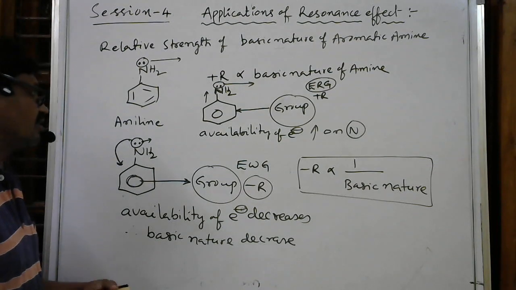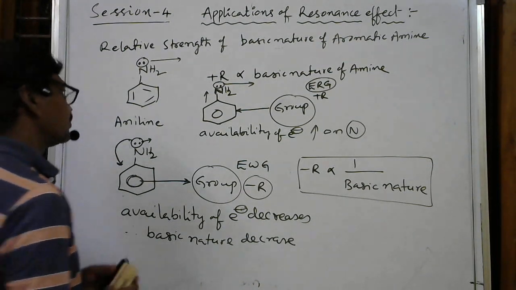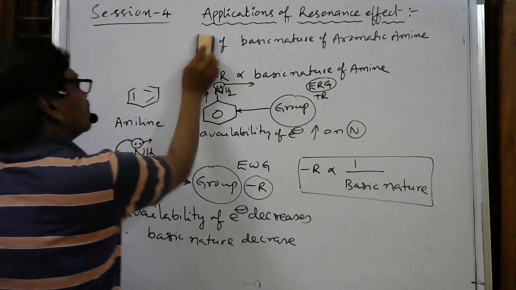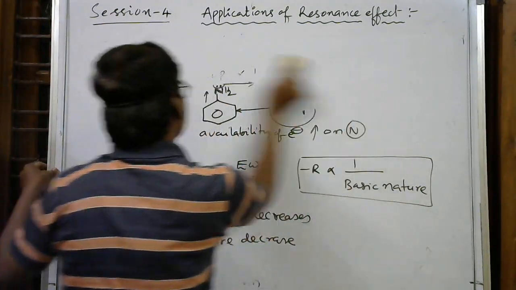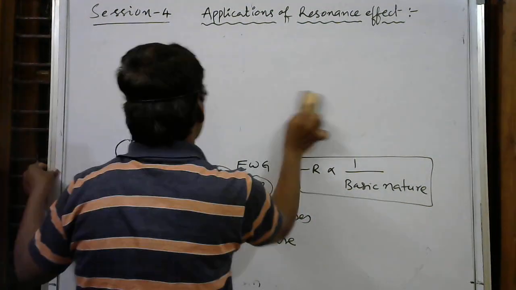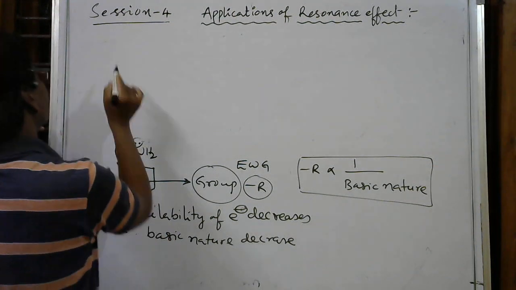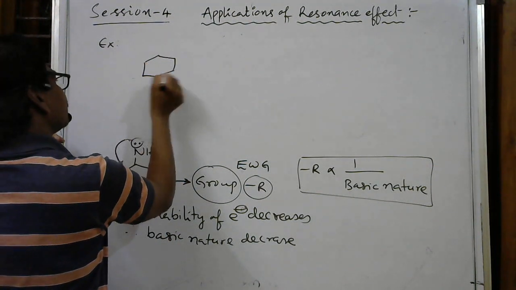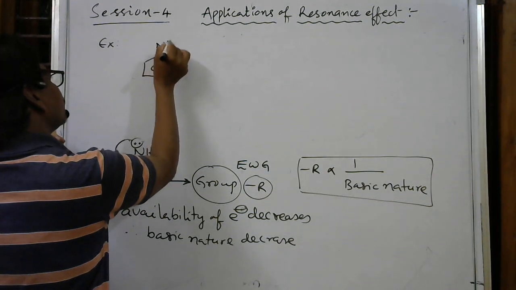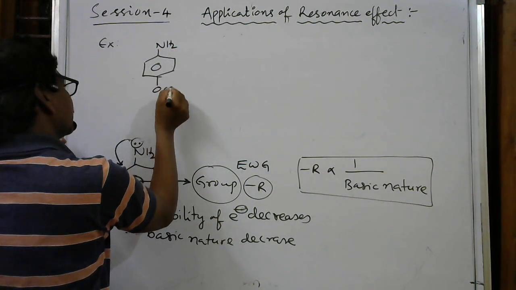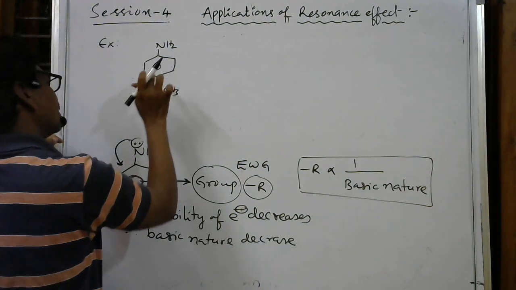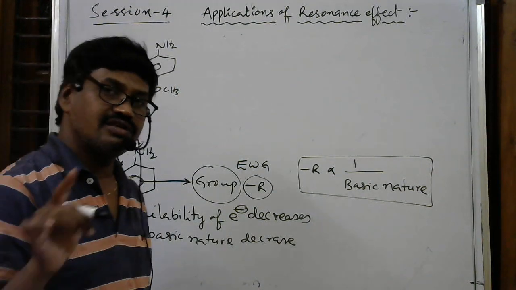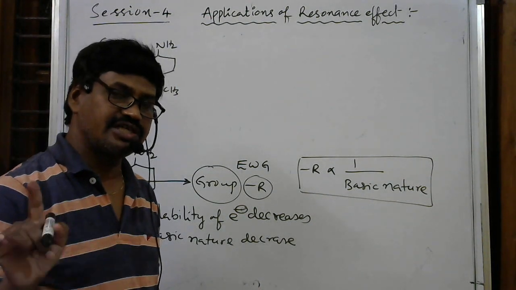Here also I am giving one example. I am directly taking three compounds with the same groups. First I am taking NH2 with OCH3, because this resonance concept is related to the para position and also the ortho position, but not the meta position.